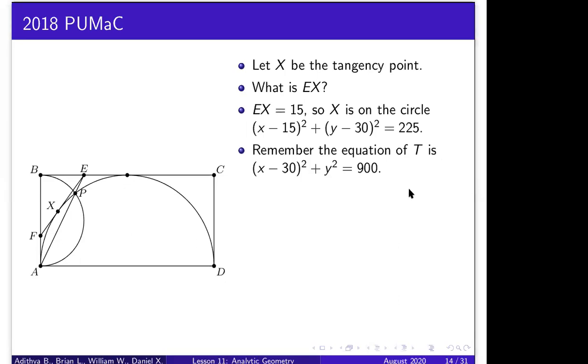And we can solve this the same way we did before, by subtracting to get rid of the x squared and y squared terms. So if we simply subtract, we get 30x minus 60y plus 900 equals 0, or x equals 2y minus 30.